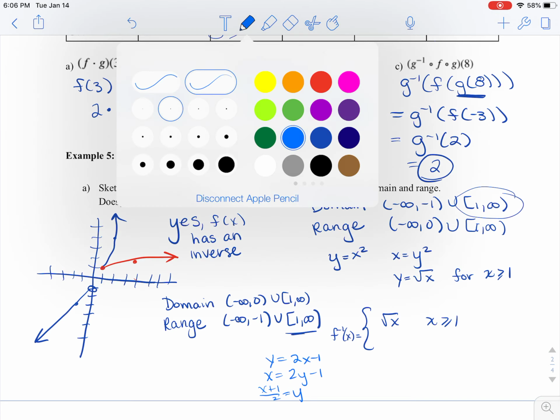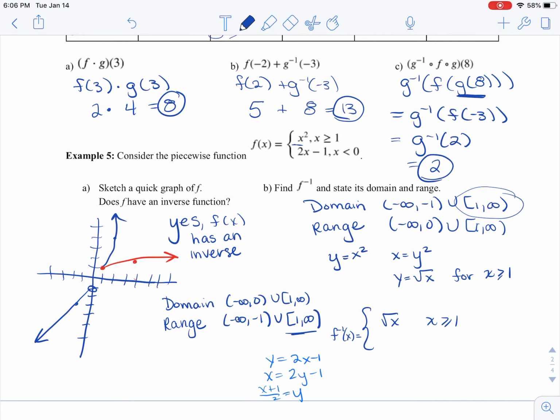And so we can say that f inverse of x is, I'm going to write this as 1/2 x plus 1/2 for x less than, in this case our domain is from -1.